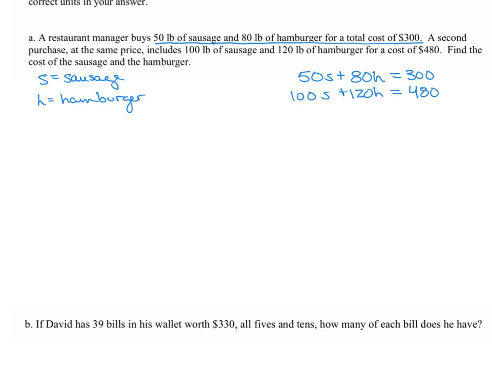Now we can go ahead and solve using either substitution or elimination. I'm going to go ahead and use elimination method on this one. I'm going to multiply the first equation by 2 so that we can eliminate the S. And I'm actually going to multiply by negative 2 because we do need different signs. So if we do this, we get negative 100S minus 160H equals negative 600.